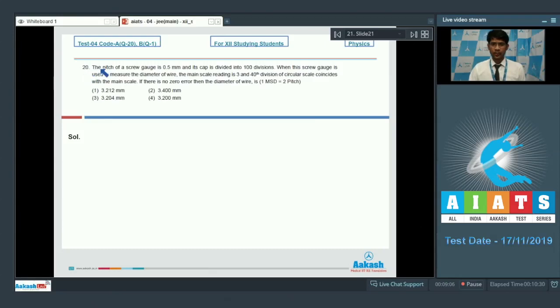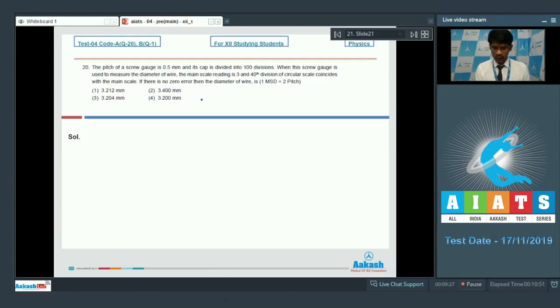In question number 20, the pitch of a screw gauge is 0.5 mm and its cap is divided into 100 divisions. When this screw gauge is used to measure the diameter of a wire, the main scale reading is 3 and the 40th division of the circular scale coincides with the main scale. If there is no zero error, the diameter of the wire is.